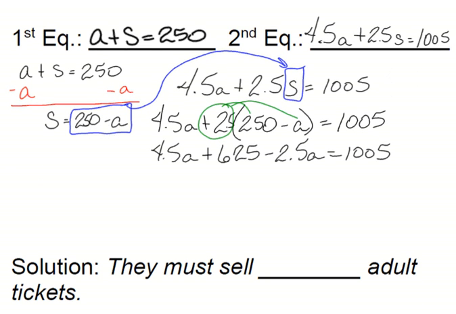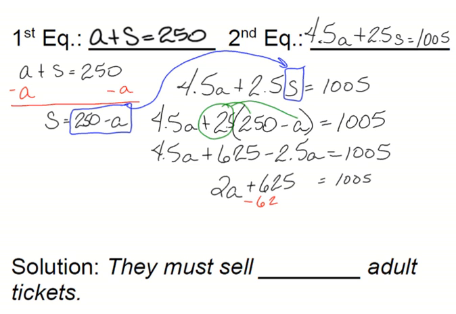I now combine my like terms. 4.5 and negative 2.5 gives me 2A plus 625 is equal to 1,005.